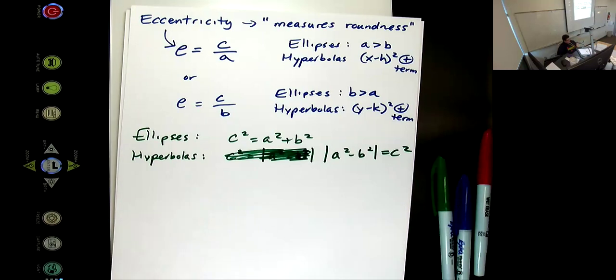The textbook has it written two ways: A squared minus B squared when x is the positive term, or when A is larger. That's weird.